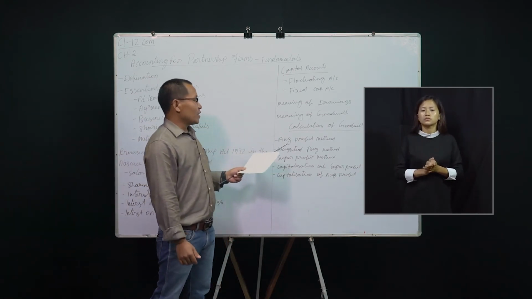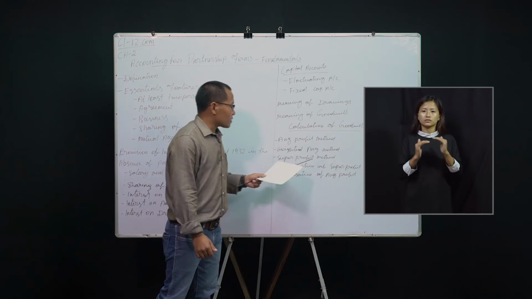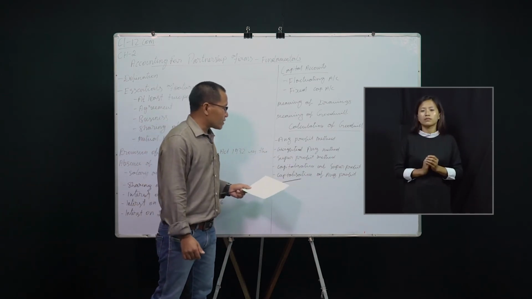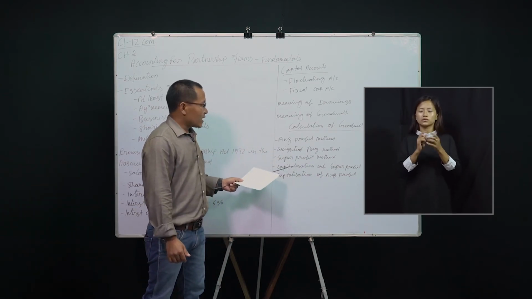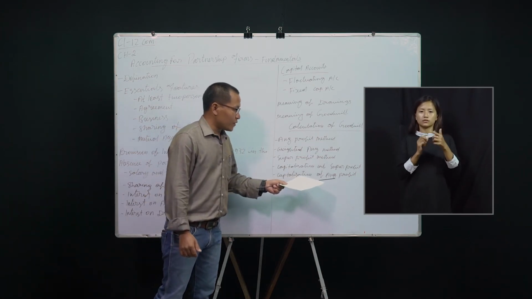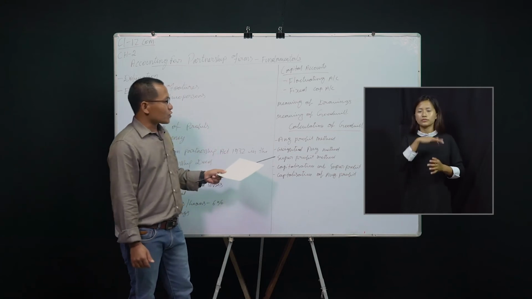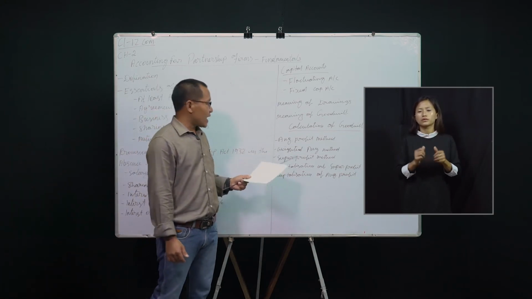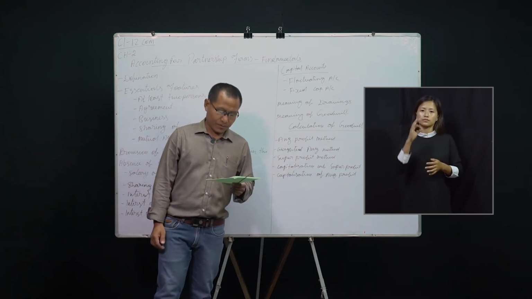In this problem, we use the average profit method, weighted average profit, super profit method, capitalization of super profits, and capitalization of average profits, where most of the time you will be using the average profit method and weighted average method.